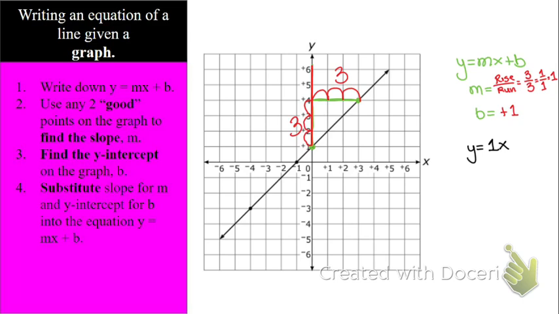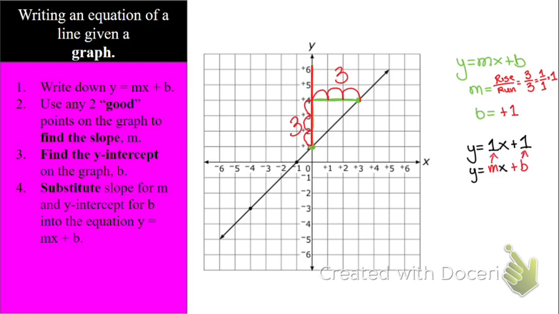And my b that I found was a positive 1. Okay, so in my y equals mx plus b, I replaced my m and my b with the numbers that I found. Okay, so that's us substituting in what we just found.